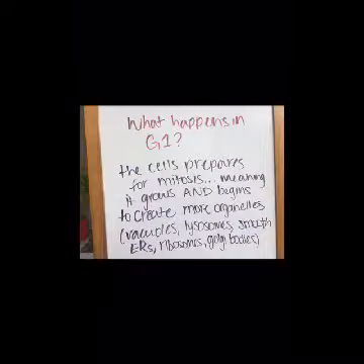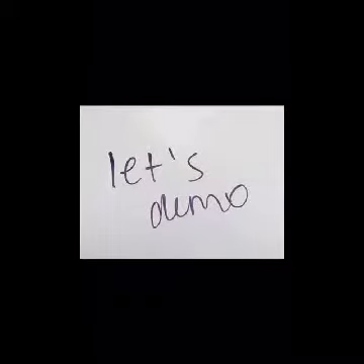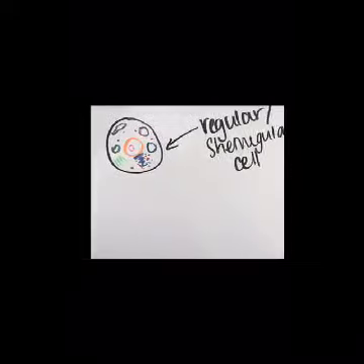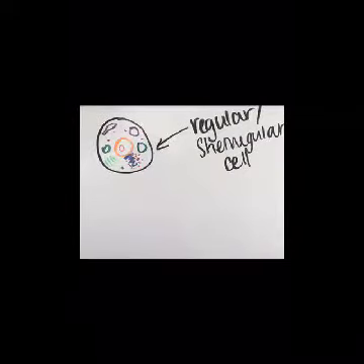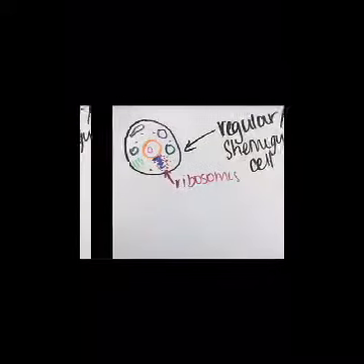The cell prepares for mitosis, meaning it grows and begins to create more organelles like vacuoles, lysosomes, smooth ER, ribosomes, and Golgi bodies. Let us demo. Here we have circle within circle, a regular cell.